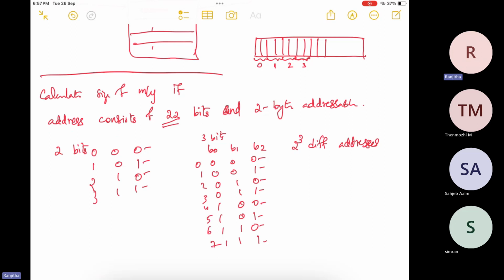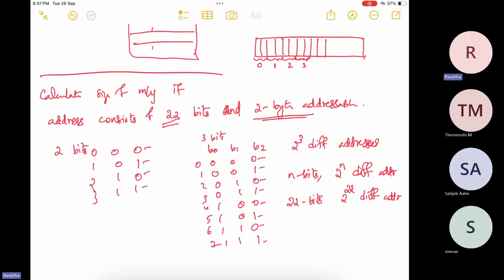Based on the number of bits, if we have n bits, we can have 2 power n different addresses. Here we have 22 bits, so we can have 2 power 22 different addresses. In addition, each address corresponds to 2 bytes.